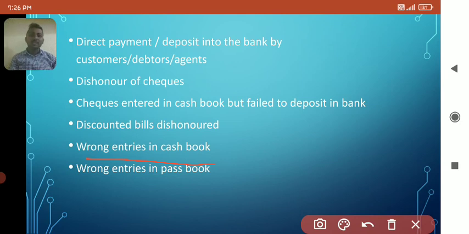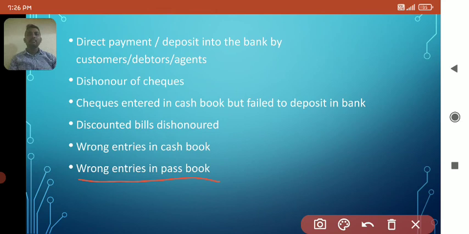Then the next point is wrong entries in passbook. This is also a major problem. Whenever the entries are made by the banker in the passbook wrongly, the cash book and passbook definitely show different balances.